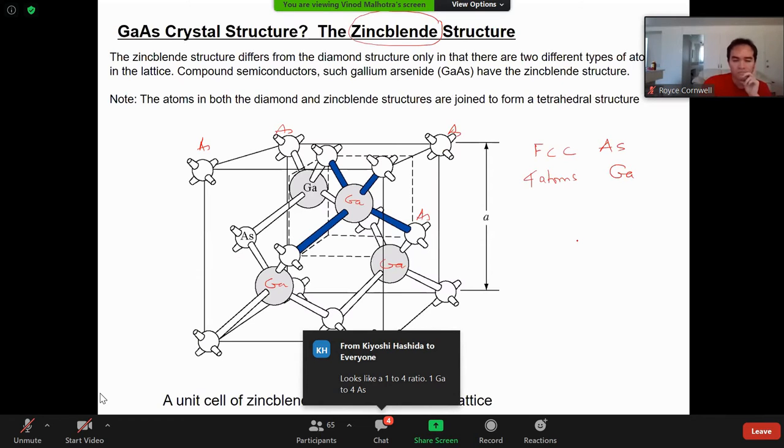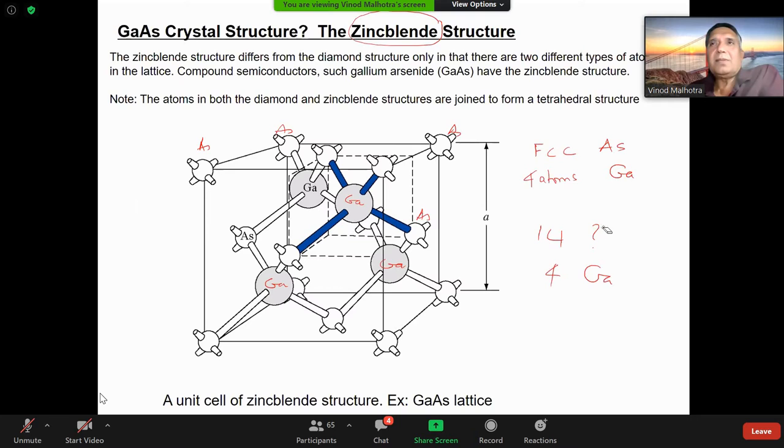So that's 14 arsenic, I'm putting a question mark. 14 arsenic and 4 gallium. Then stoichiometrically, should we write this? I'm putting question marks. I'm trying to help you think.